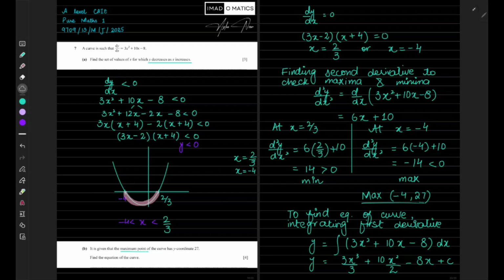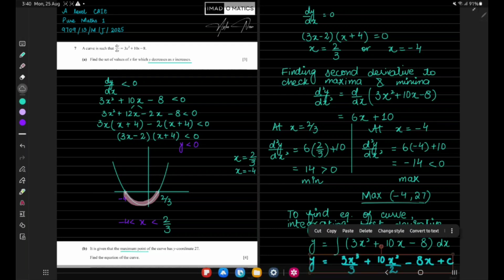Because we are not integrating with limits, we will be introducing the constant of integration.